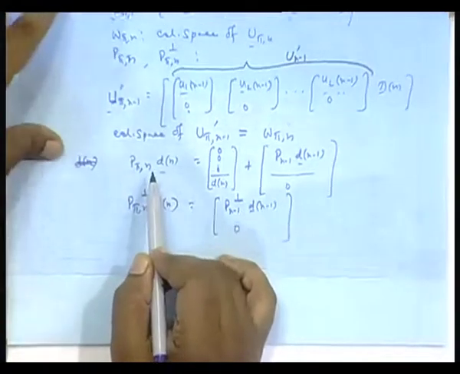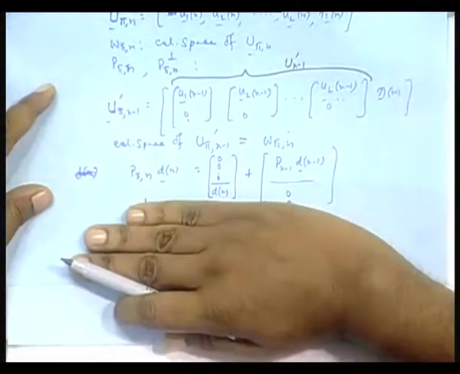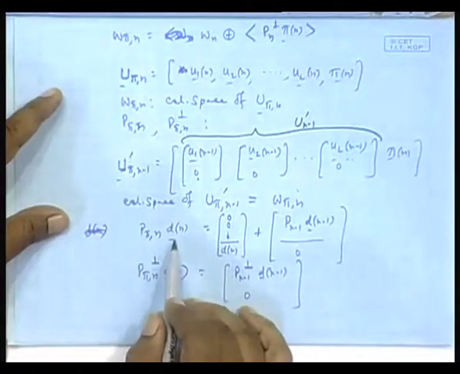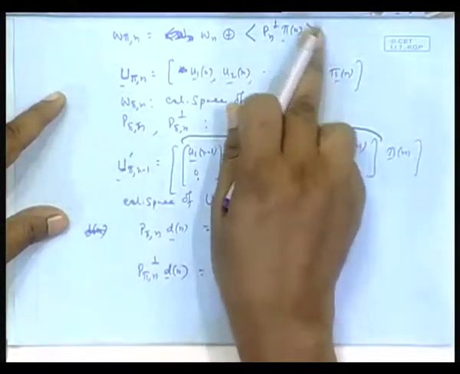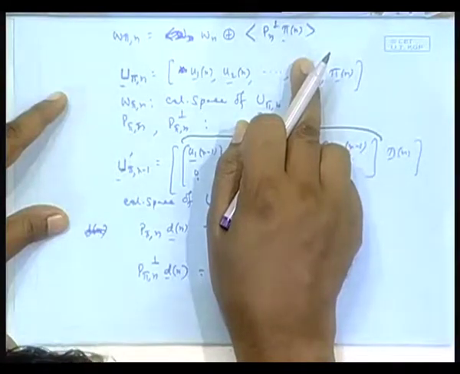And then an alternative but equivalent way. This projection, here I wrote like this, the same projection can be written in an equivalent way here as projection of dn on wn plus projection of dn on this guy, isn't it?